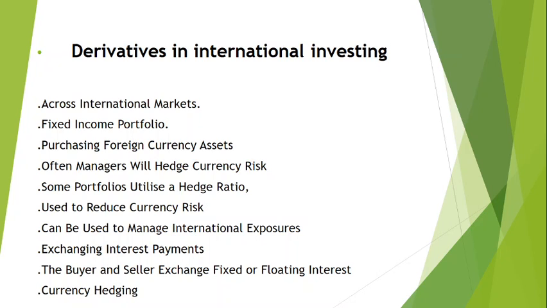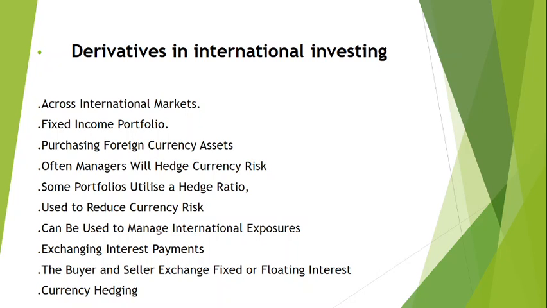A range of derivative instruments can be used to manage international exposures, including forward contracts, options, and futures. Currency swap options, called swaptions, can be used to create more unique transactions.